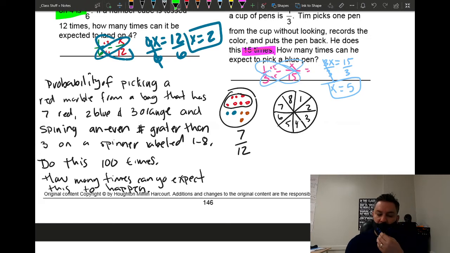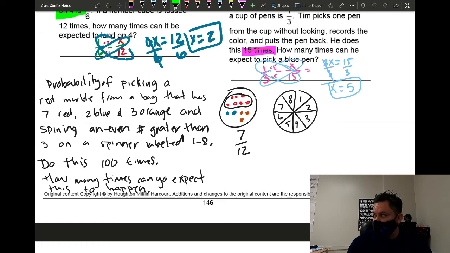So I got to look for all the even numbers that are greater than 3. Let's do this. Is 1 even? No. What about 2? 2 is even, but is it greater than 3? No. What about 3? Is 3 even? No. What about 4? It is even.